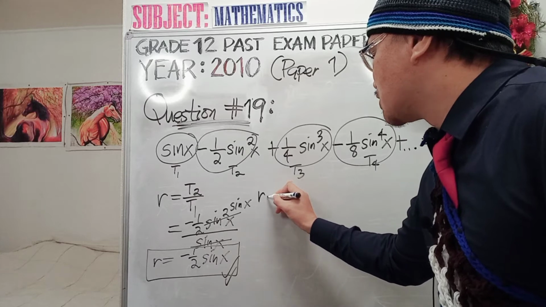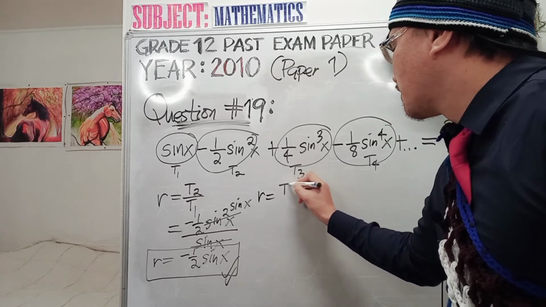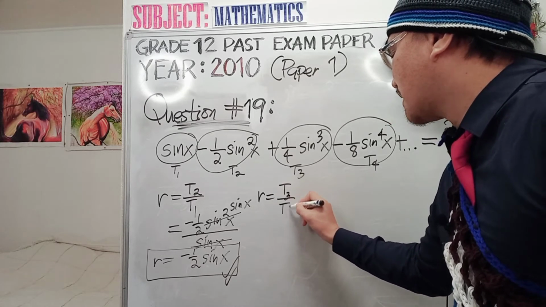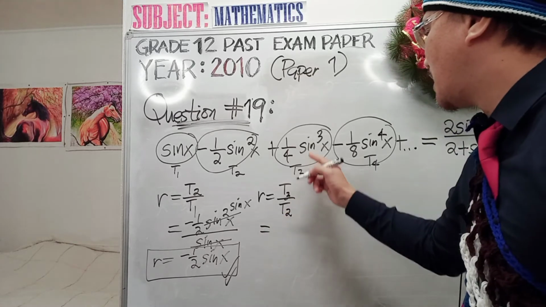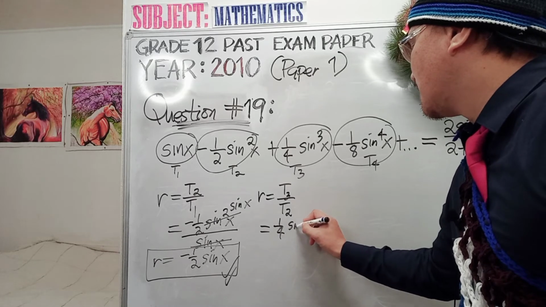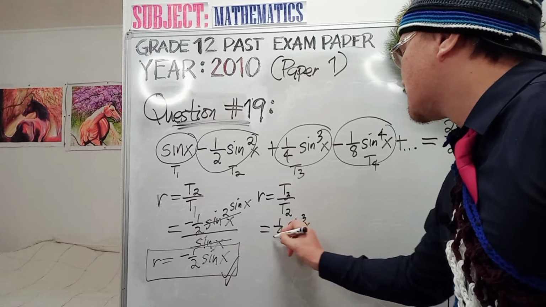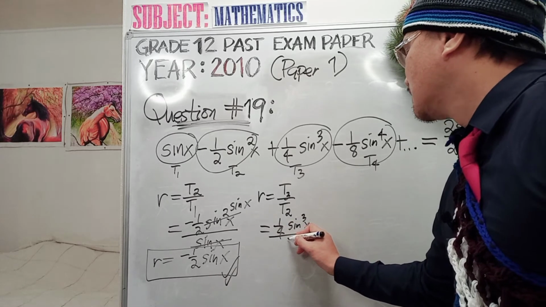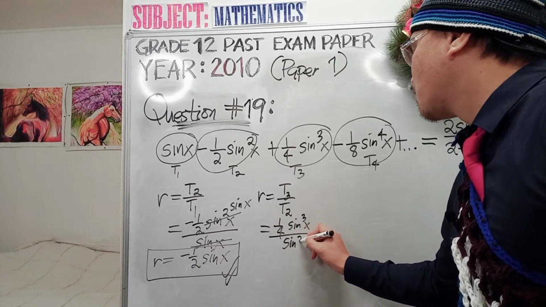The common ratio, which is third term divided by the second term, is equal to: our third term is 1/4 sine cube x divided by sine square x.